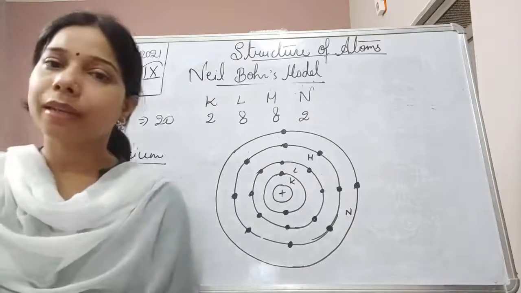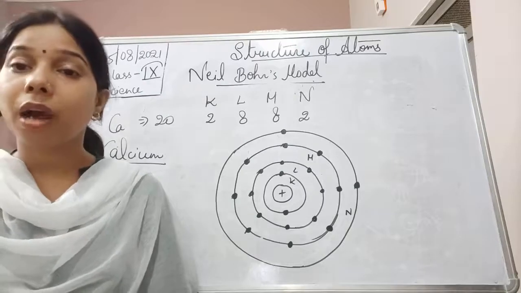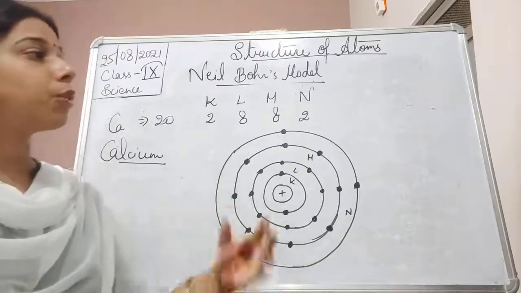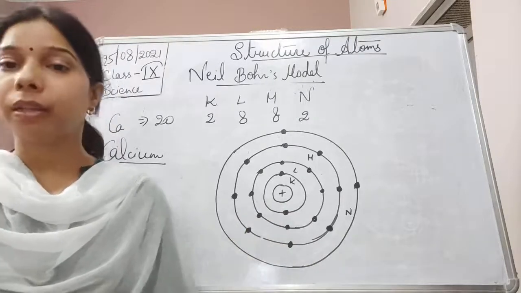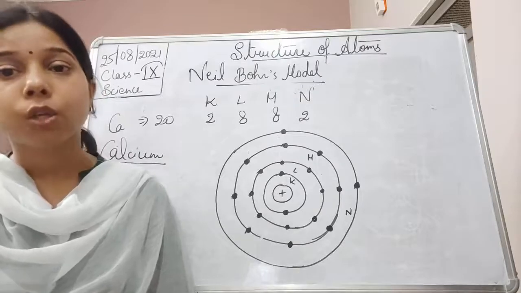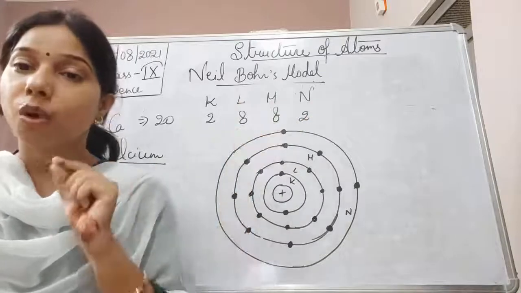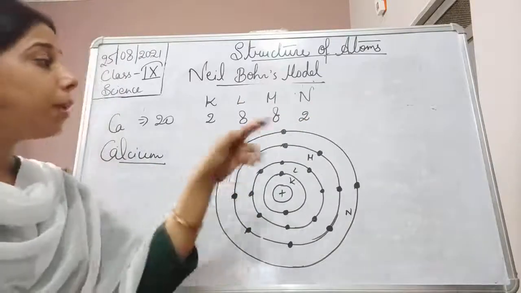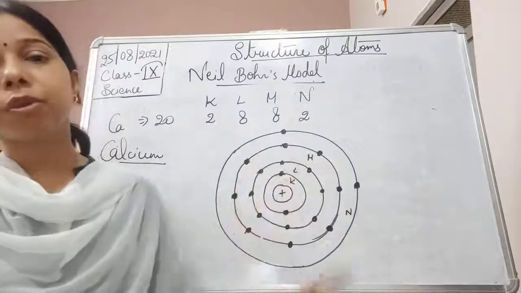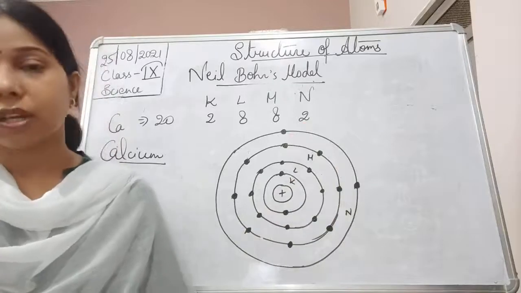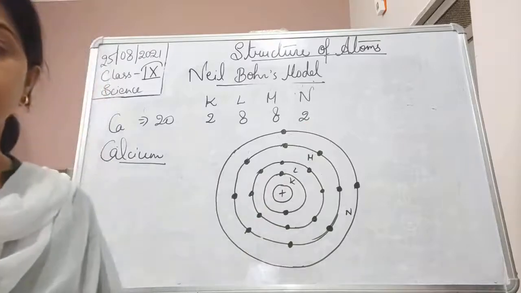Remember that whenever any element is given to you and the electronic configuration is asked, suppose the question is that you have to make the atomic structure and show the energy levels or energy shells with the help of a structure, then first of all you will write the atomic number, then the electronic configuration, and then you will draw the shells along with the nucleus and distribute the electrons into the different shells. This is how the electron distribution occurs.